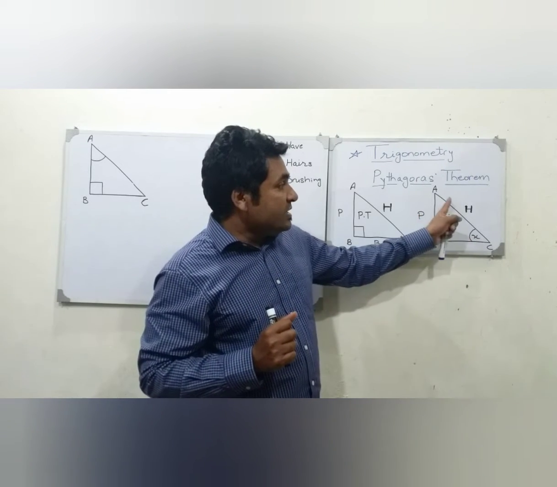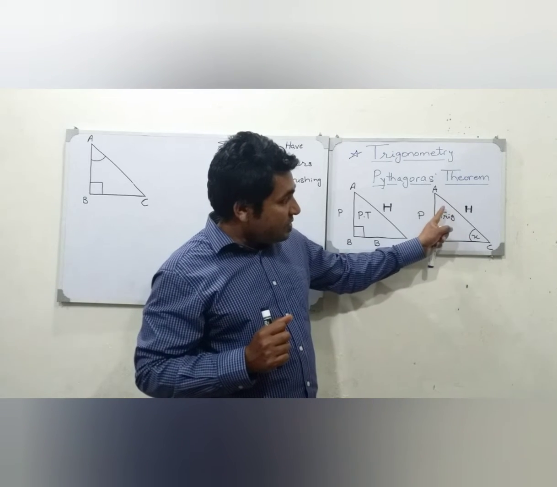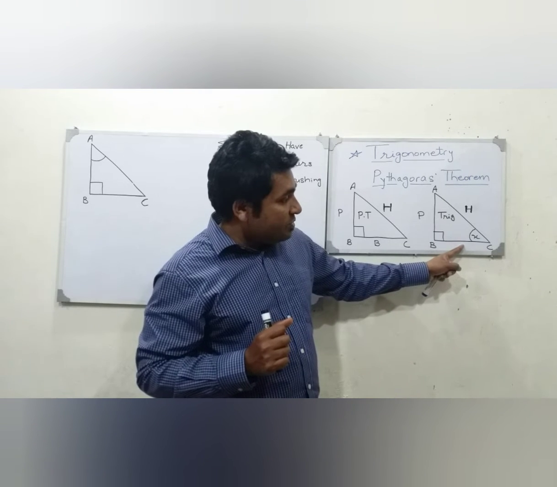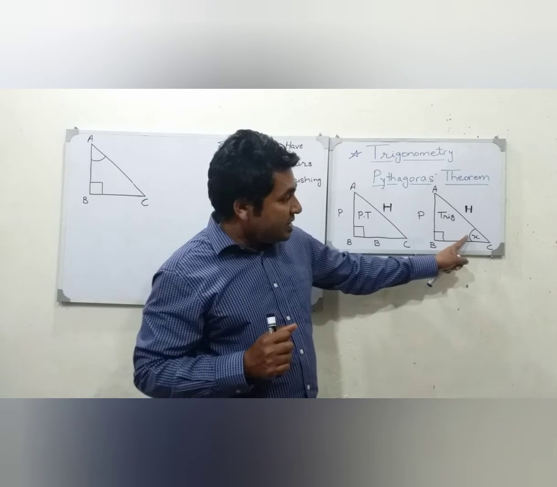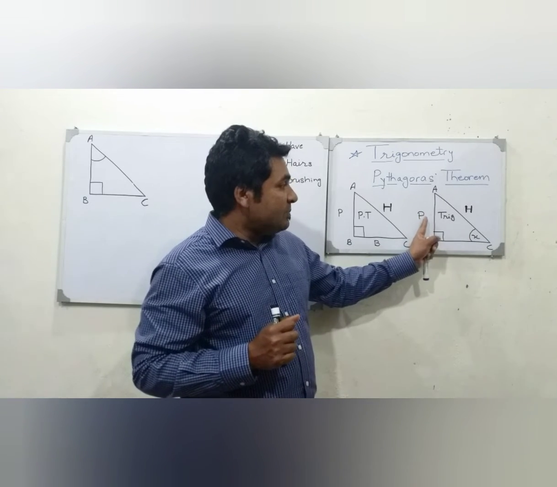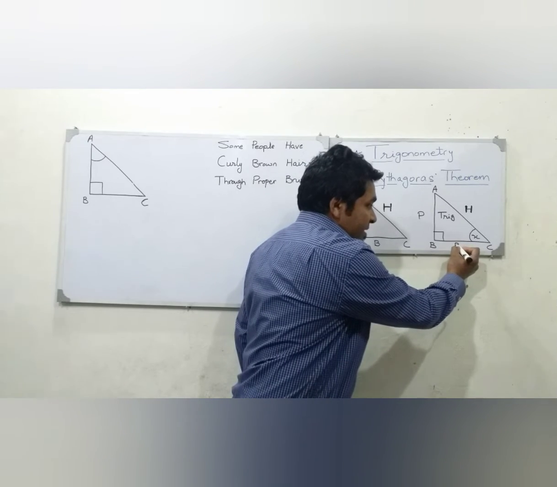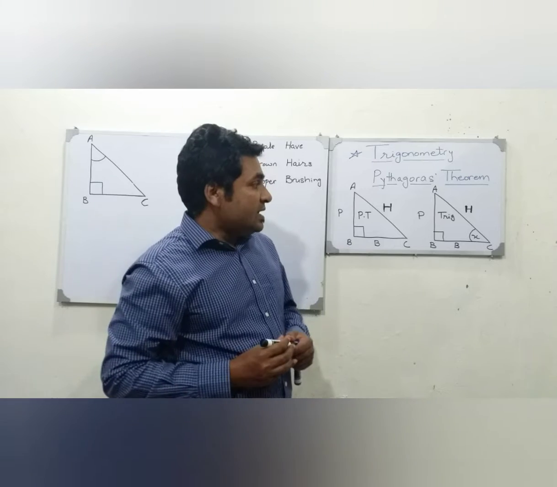If this angle is given here, not here, then opposite to this angle is this side, so this will be called perpendicular, not this. Right now we have the angle over here, so this side will be called perpendicular, and the remaining side will be called base. I hope this is clear.